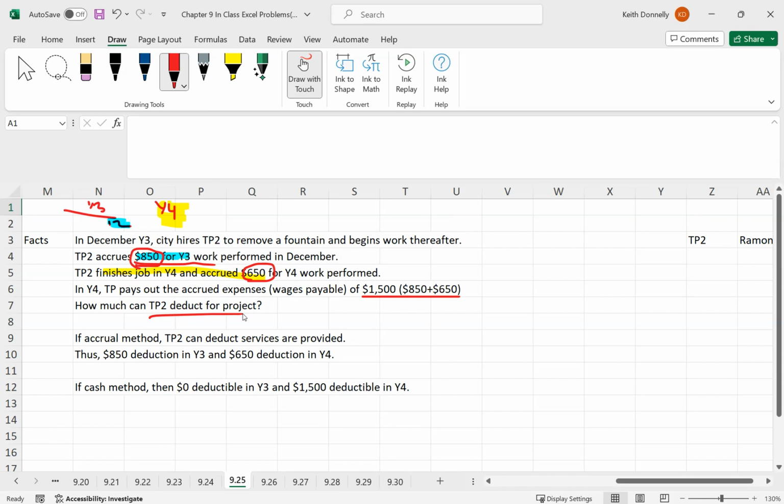How much can the taxpayer deduct for the project? Okay, so maybe in this case, we're that taxpayer, we're that construction company, we have our employees, right, our wage payable, the liability, right? We accrue, in this case, it's essentially just like an accrual basis, right?